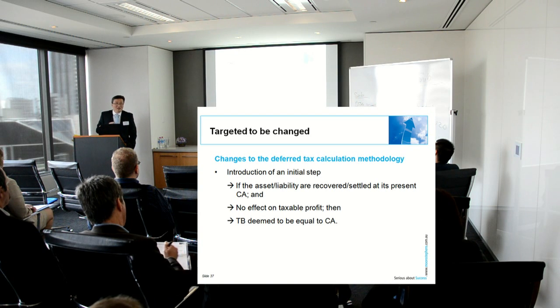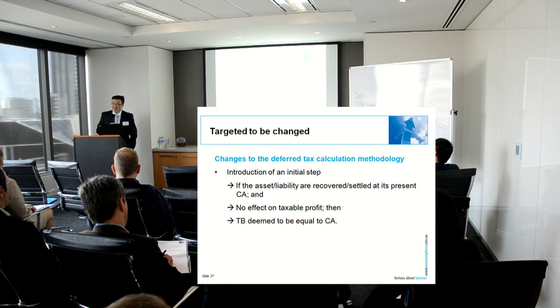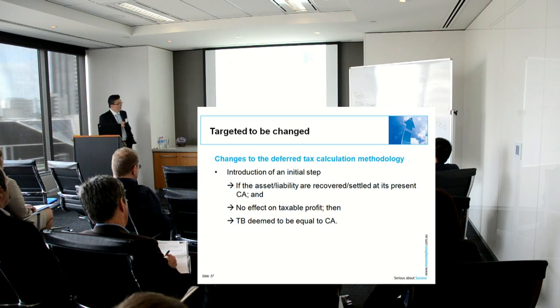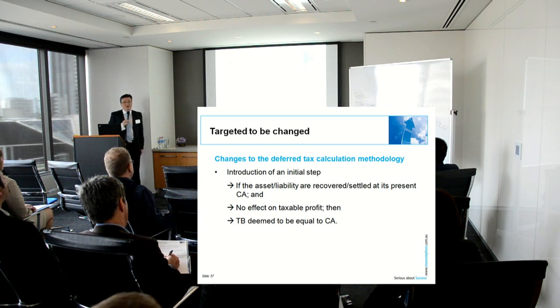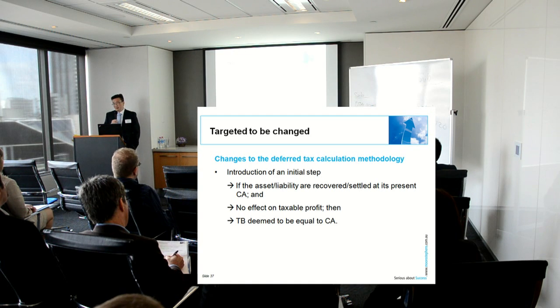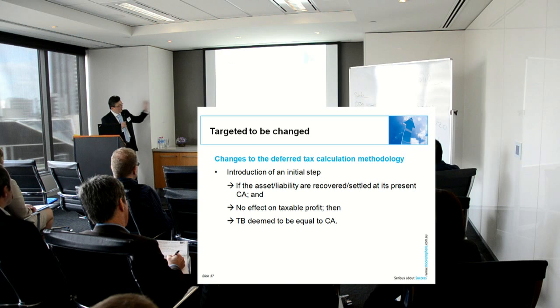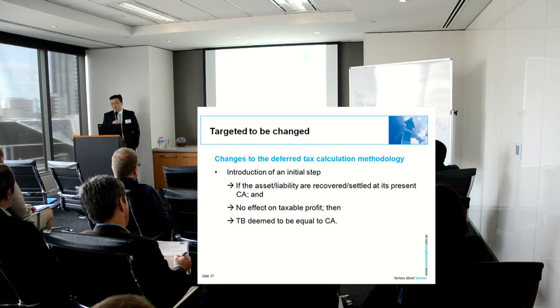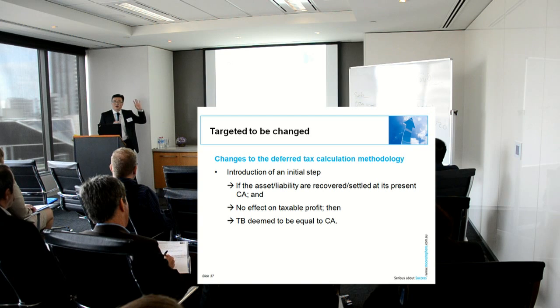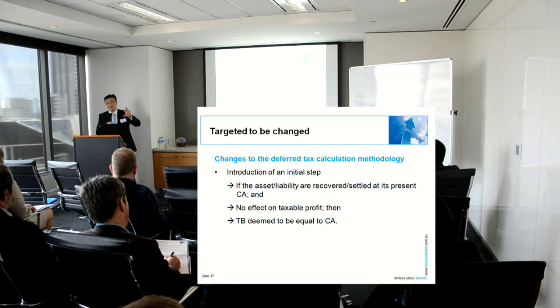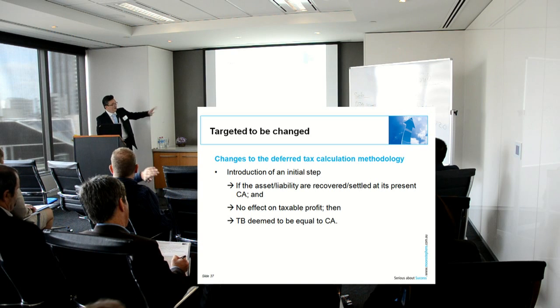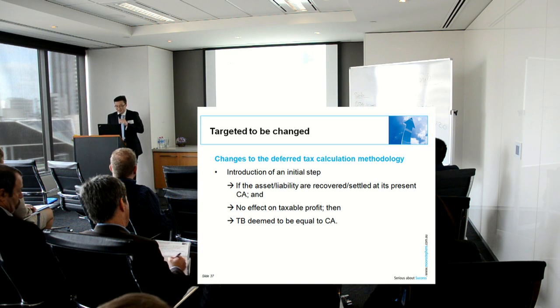For example, in New Zealand, there's no capital gains tax. If you're not going to pay any tax, then you assume that the tax base equals the carrying amount. So there's a plan to introduce that. This is a major issue for a lot of international companies that can rely on participation exemptions when they sell shares in a company, and they can rely on this exception, this initial step.